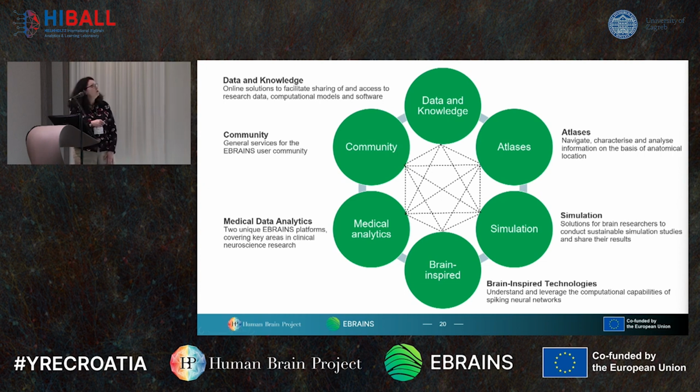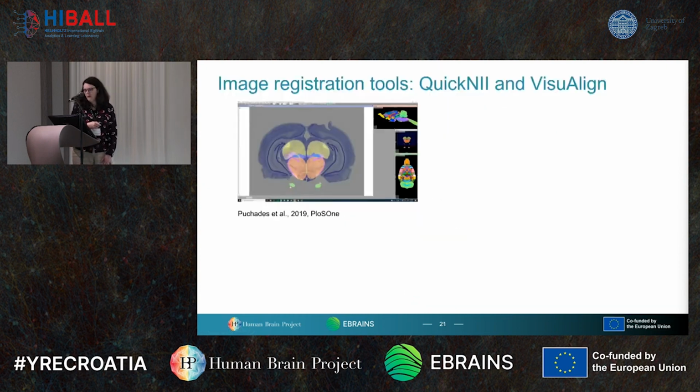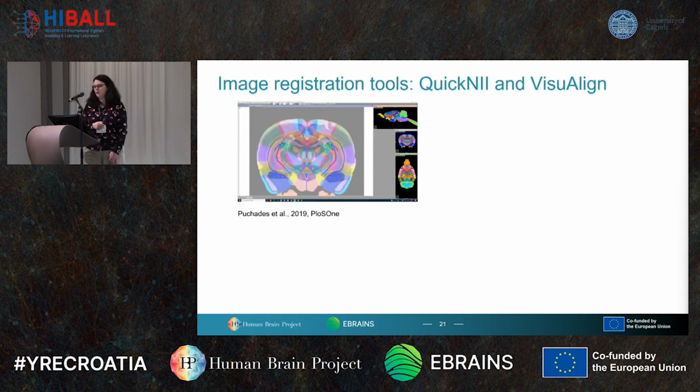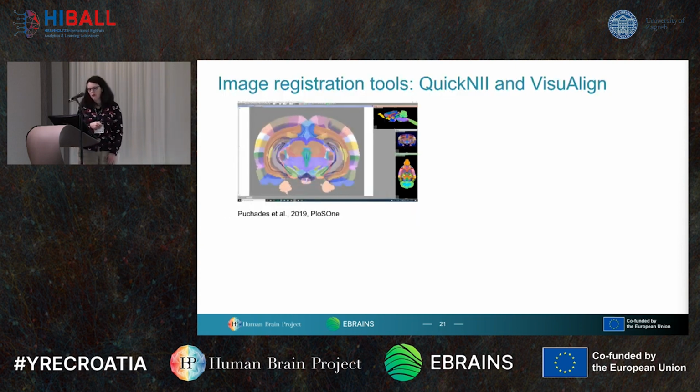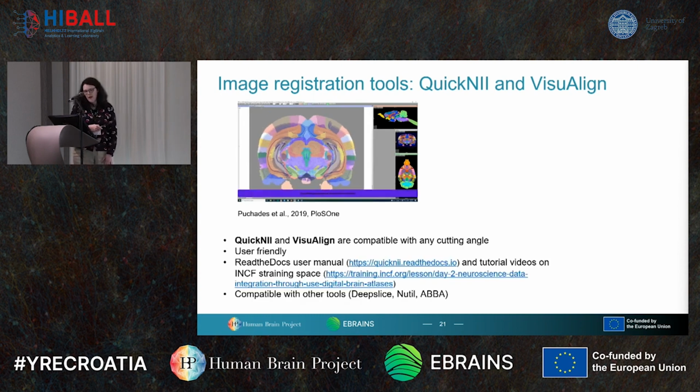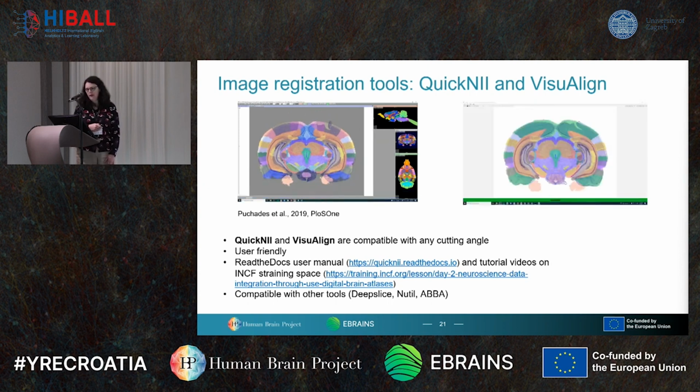So if you go to the atlas services, you could find tools like QuickNII and VisuAlign. Those are typically used for rat and mouse data. And they allow you to deform the 3D atlas and find the position of your experimental images.